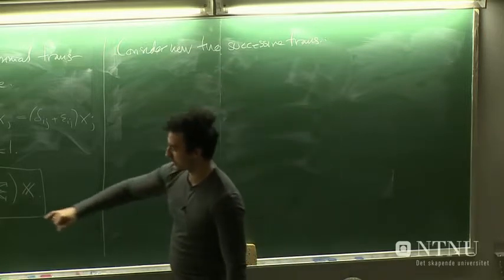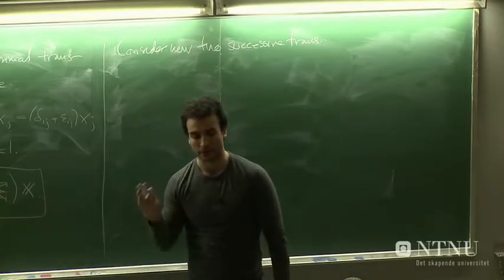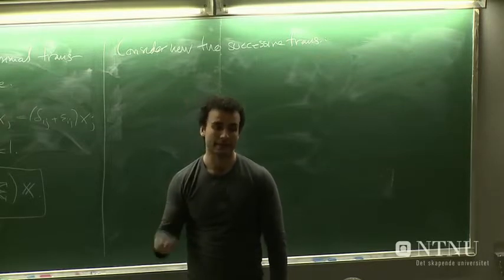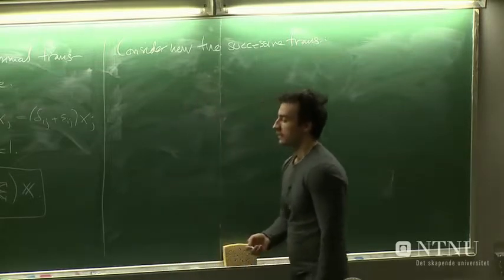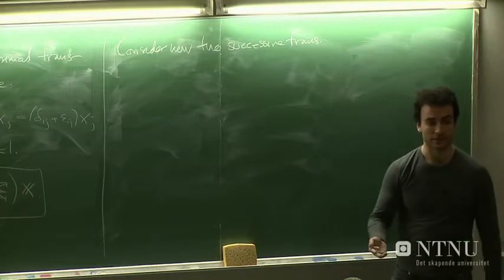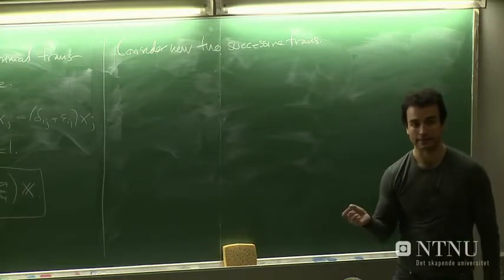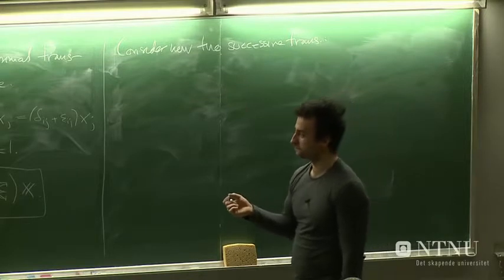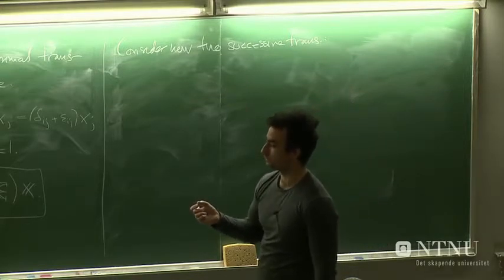So because this epsilon is small, we call these infinitesimal transformations. So let's now consider two successive transformations to see if the order really is unimportant.